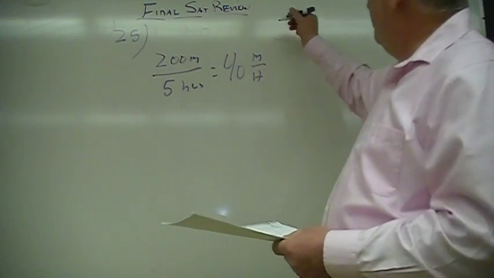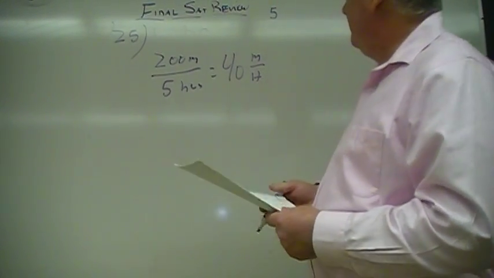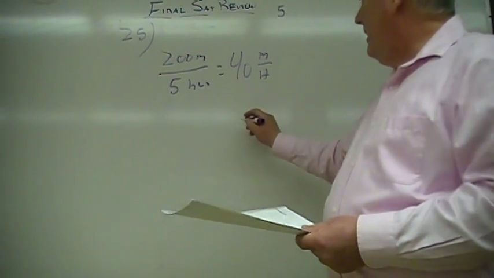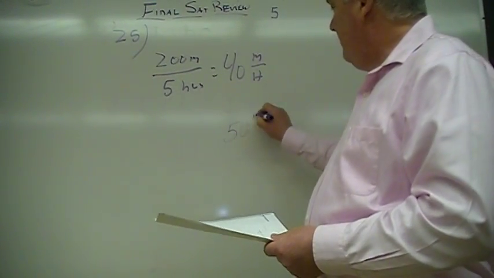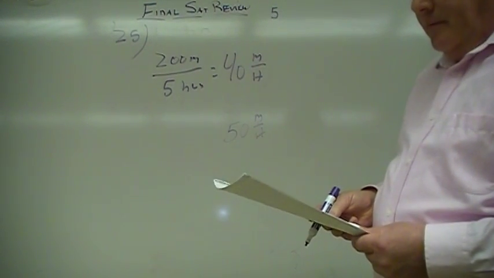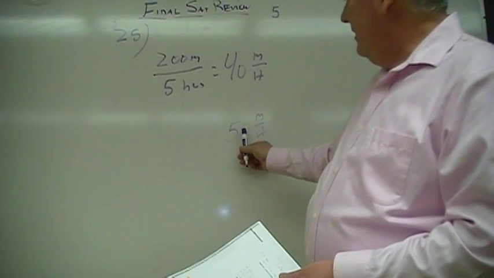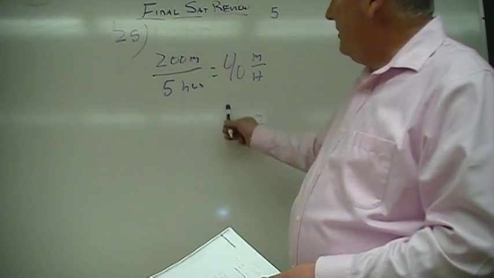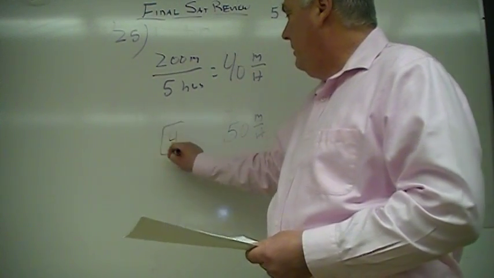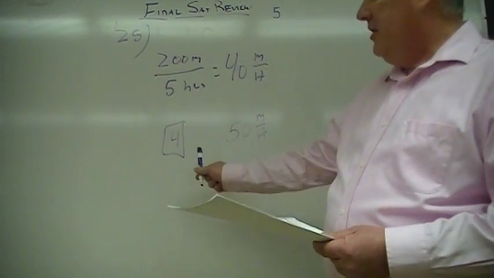So for the first drive, it took 5 hours at 40 miles an hour. But now if it's 50 miles per hour, how long is it going to take to go 200 miles? It's going to be 4 hours, which isn't your answer.